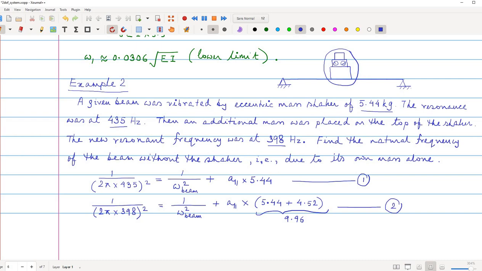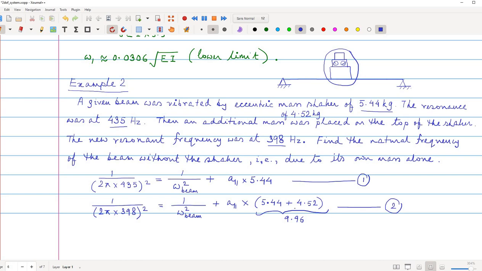But they have given you one additional datum, so that when you put an extra mass of 4.52 kg, then you get this. So this is 1 by omega beam square plus this.